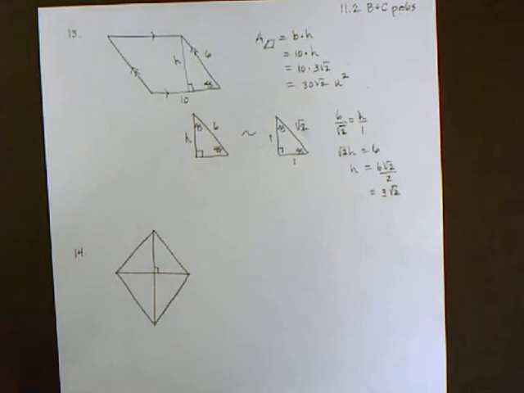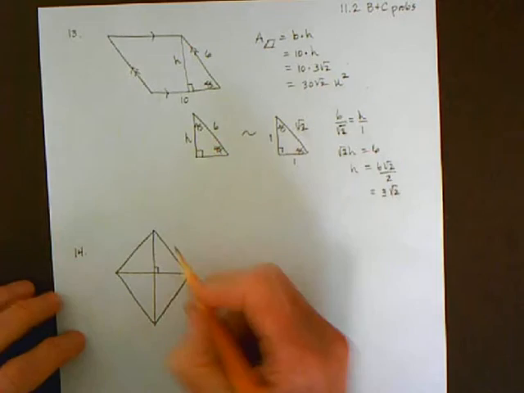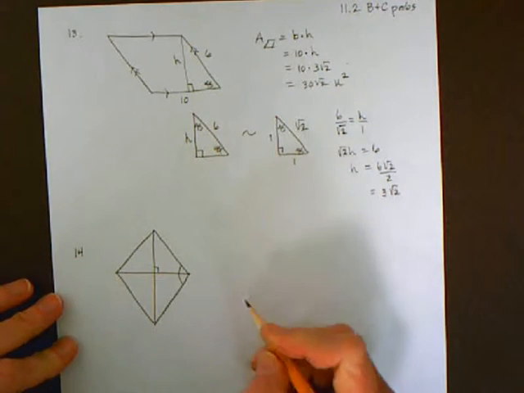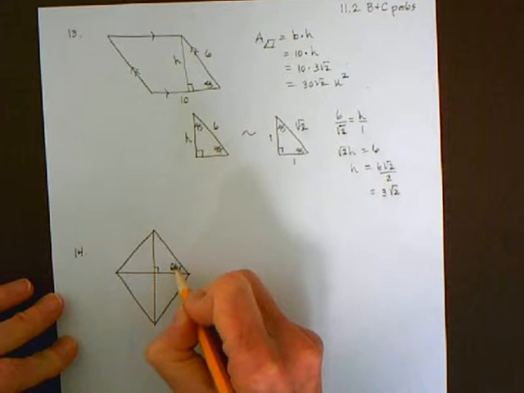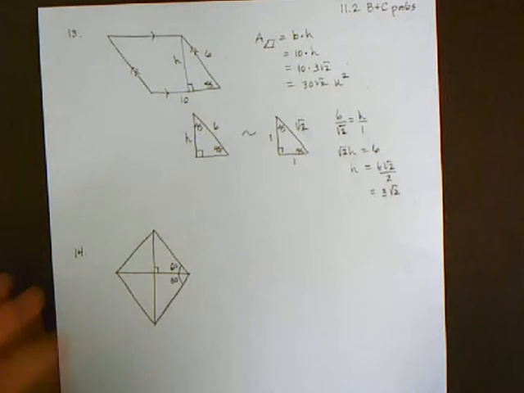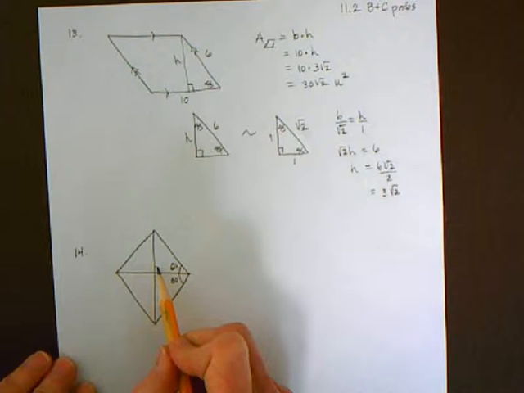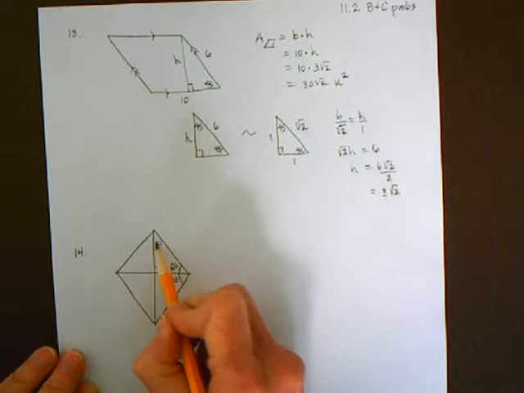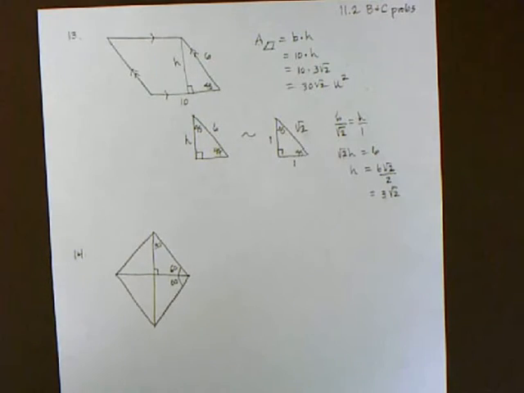I also know that the diagonals of a rhombus are perpendicular. So let's say this is our 120-degree angle right here. If this is 120 degrees, then each of these little guys is going to be 60 because it gets bisected. And if this is a triangle here, this little triangle, then this guy has to be 30 because the acute angles of a right triangle are complementary.